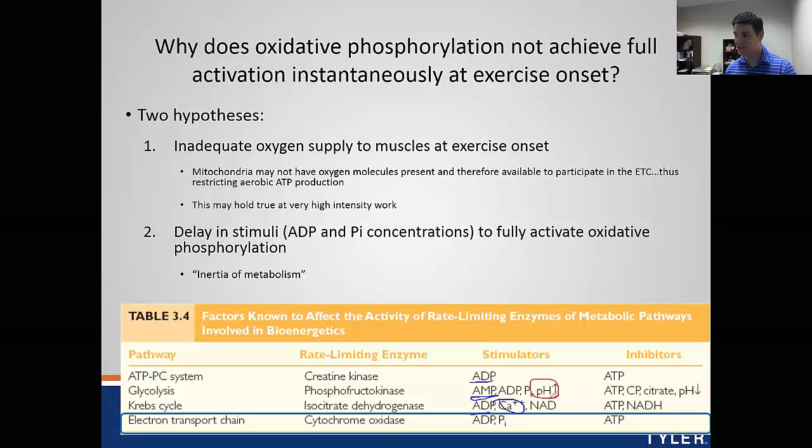We also have a change in pH, which I think is good. So a decrease in pH will increase glycolysis as well, and we'll see that a little bit later.